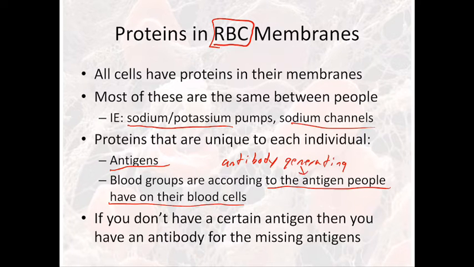It's a type of protein on a cell that if the immune system interacts with it, it causes the immune system to generate an antibody. And that's what the antigen means. So if you don't have a certain antigen, like if you don't have the A antigen on your blood, then you have an antibody for that missing antigen.